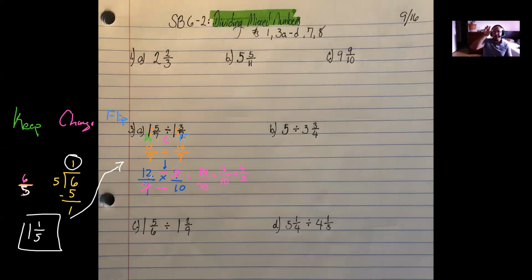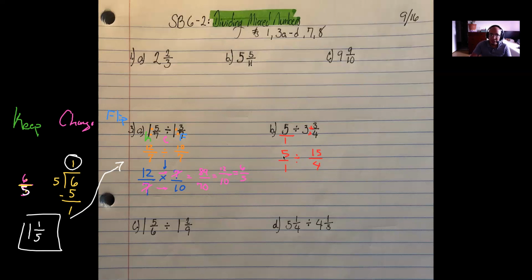If I were to do 3B, let's do 3B together also. Okay, so 5, we know that's 5 over 1, but 3 and 3/4, we need to change this to an improper fraction, divided by 4 times 3 is 12 plus 3, 15/4. Okay, you should know how to get to here at least.